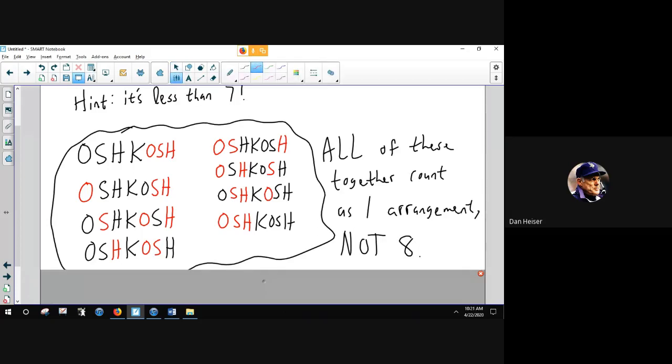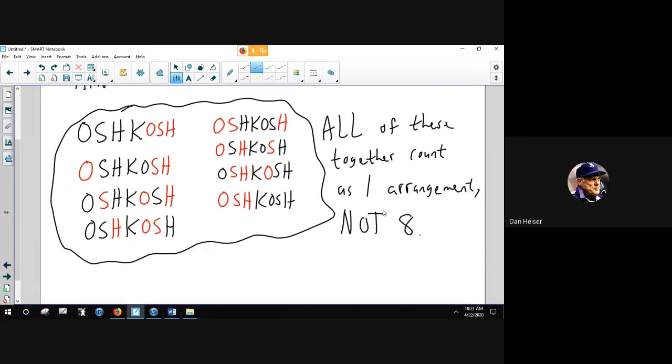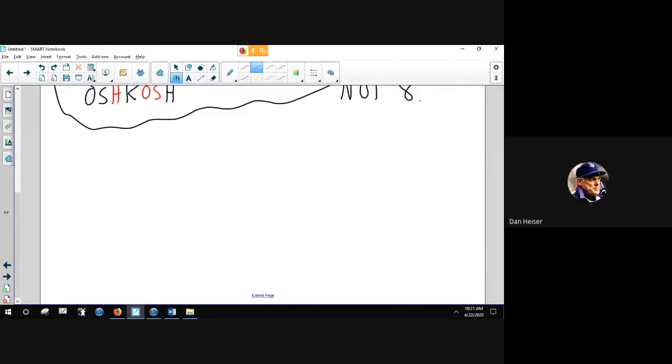So we look at how many repeats we have. There are 8 of the same thing, so we need to divide all those out. Here's how we do that. I have 7 letters, but I have 2 O's.